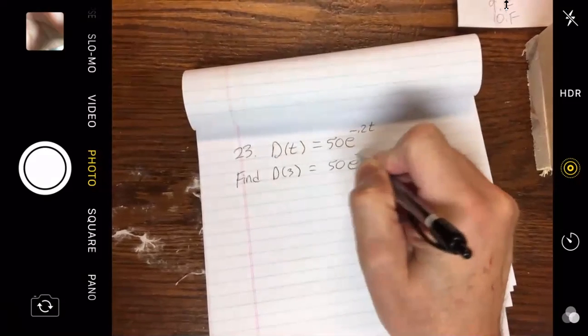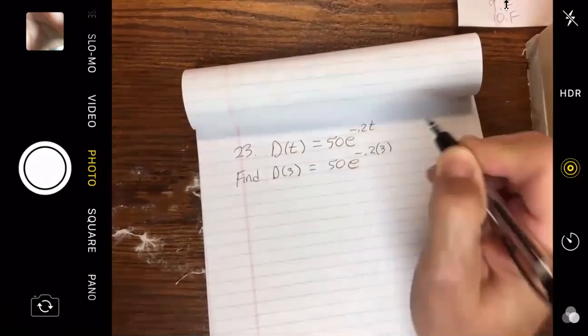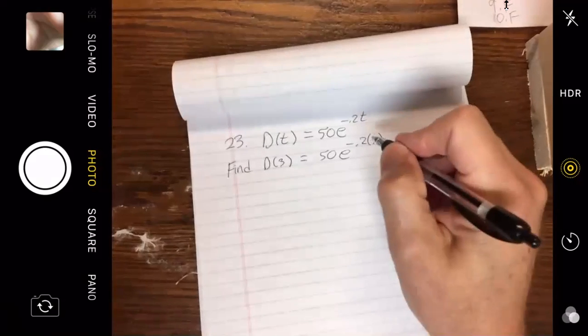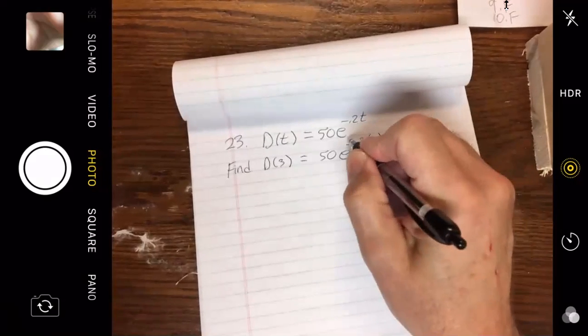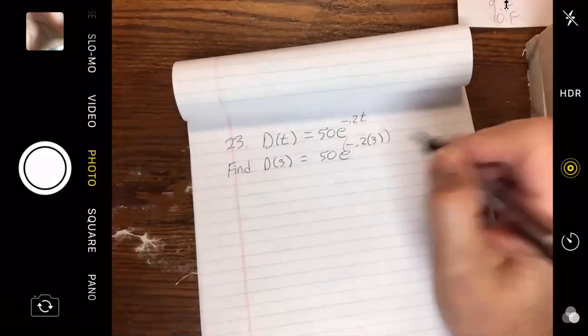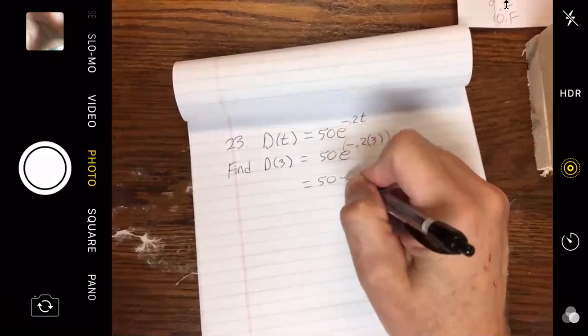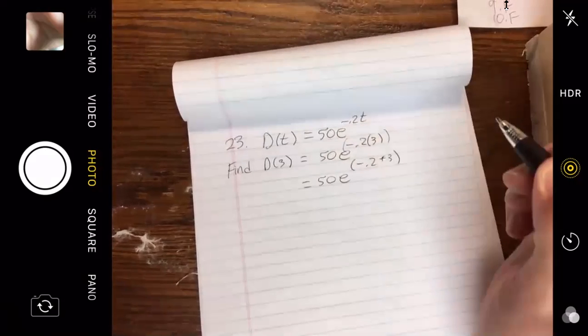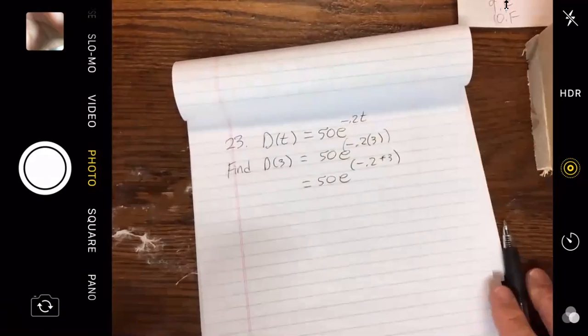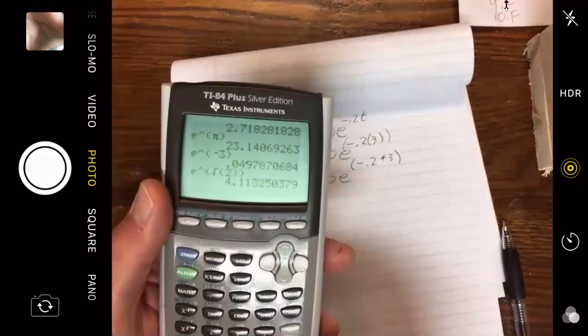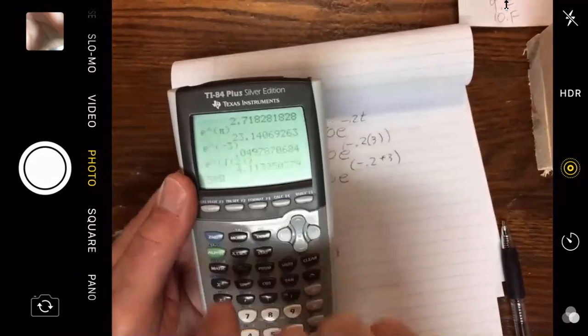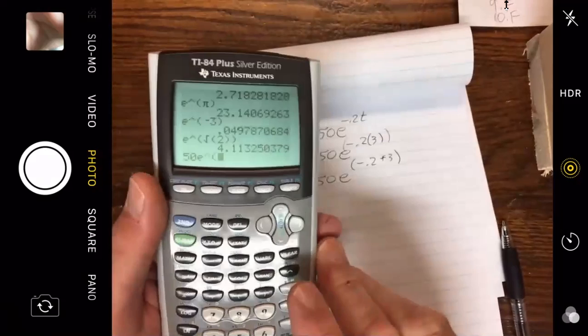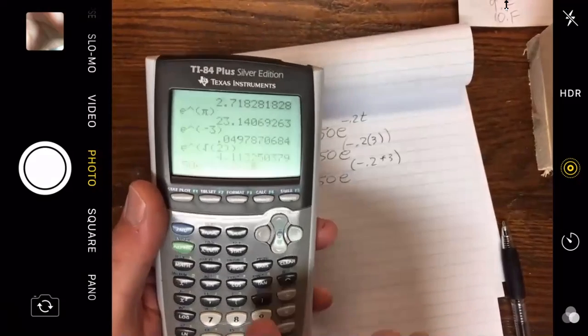50 e to the negative 0.2 times 3. Just be careful with this and make sure that you stick this all in parentheses. So you might punch it 50, parentheses, negative 0.2 times 3. E, negative 0.2 times 3.